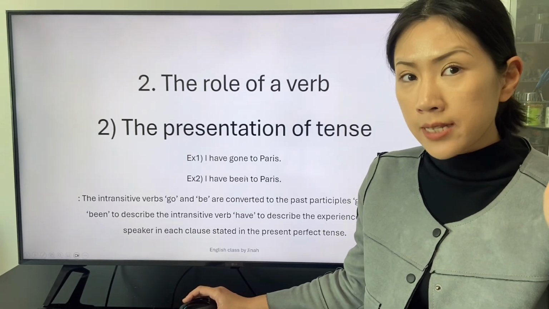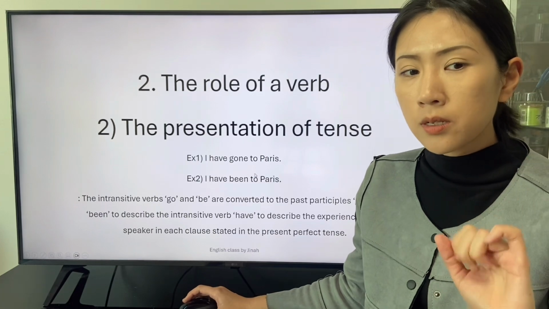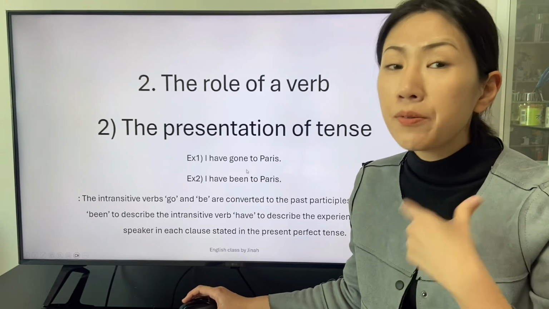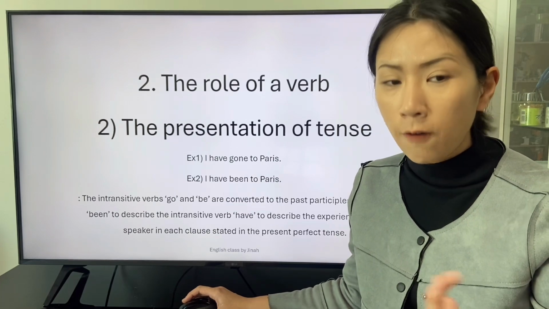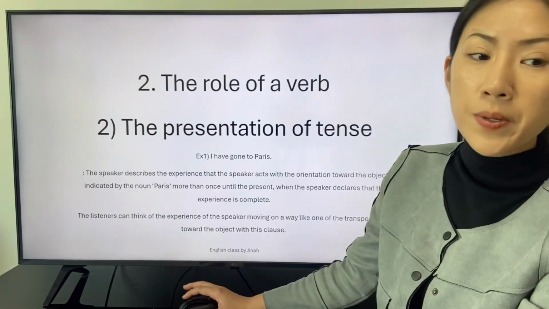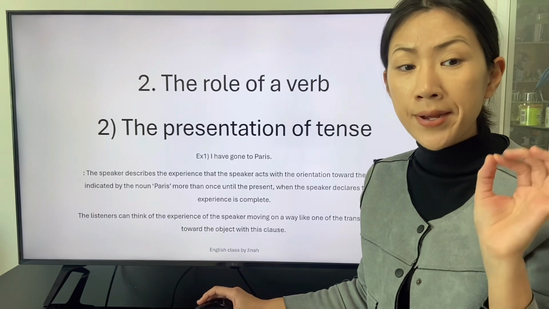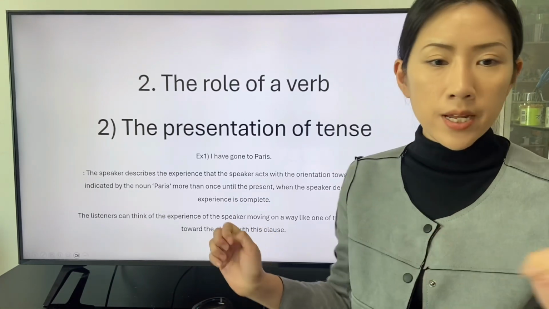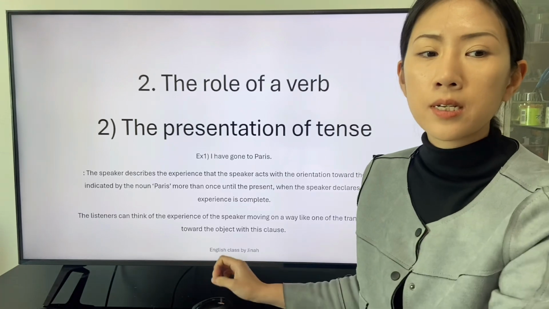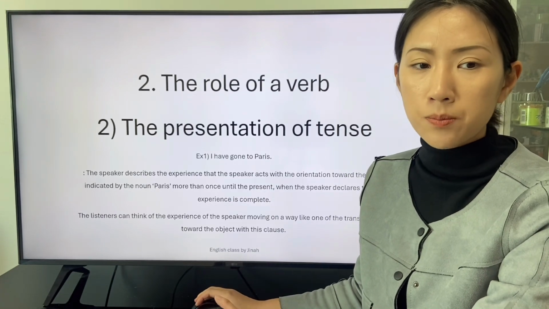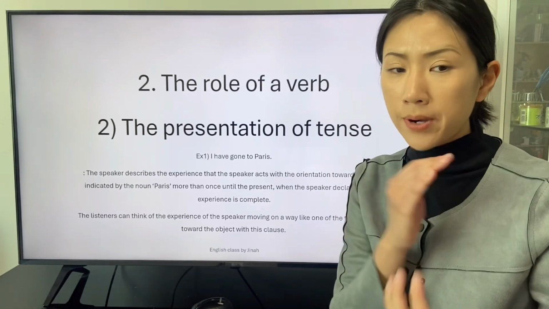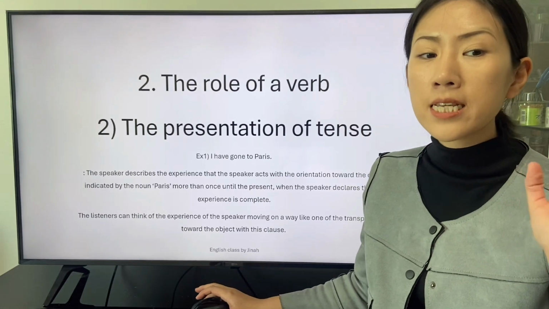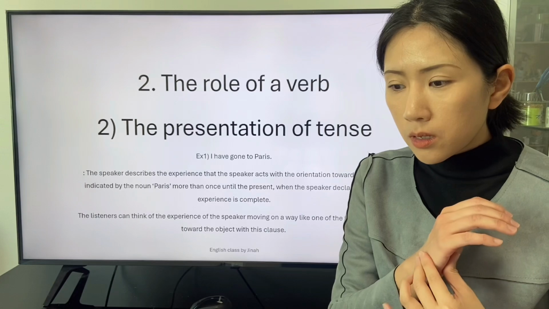And in the second exemplary clause, the past participle been describes the period of time of the speaker. The speaker describes the experience that the speaker acts with the orientation toward the object indicated by the noun Paris more than once until the present, when the speaker declares that the experience is complete.